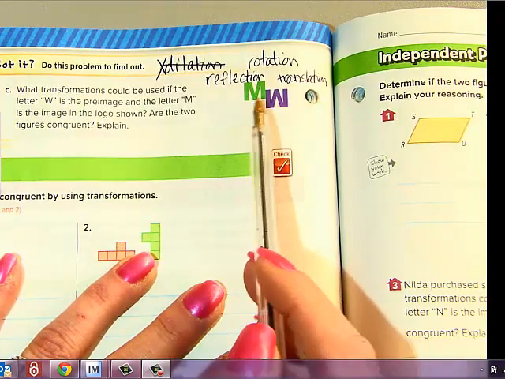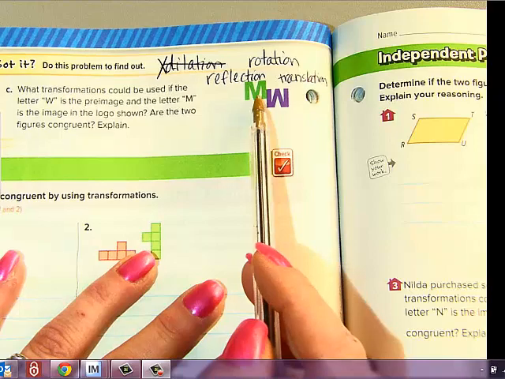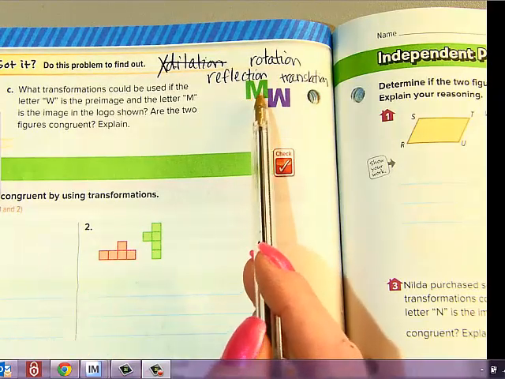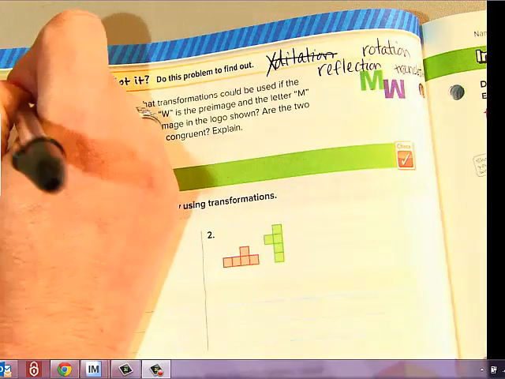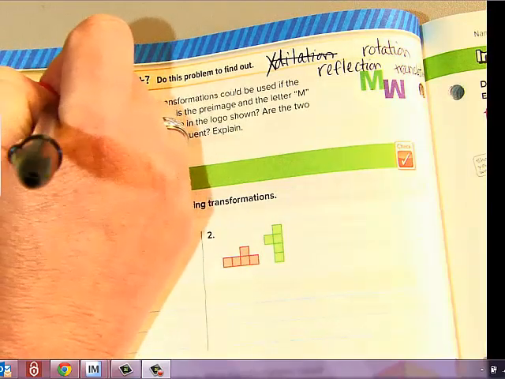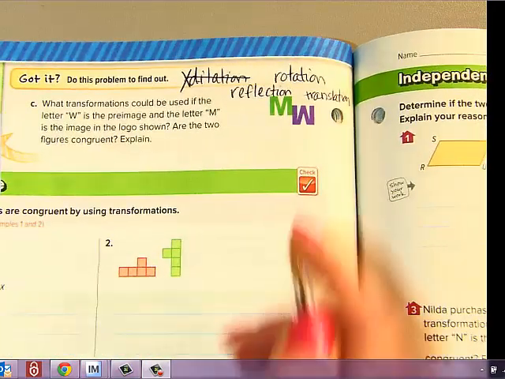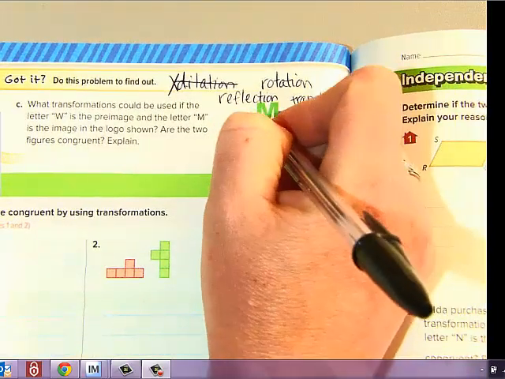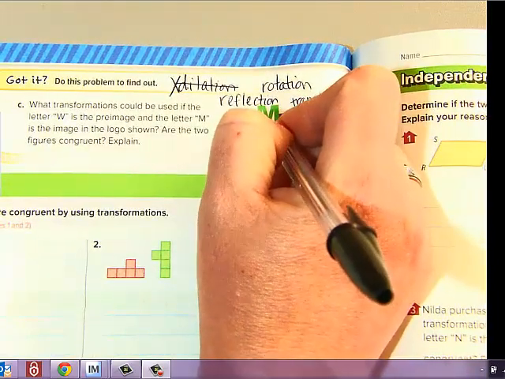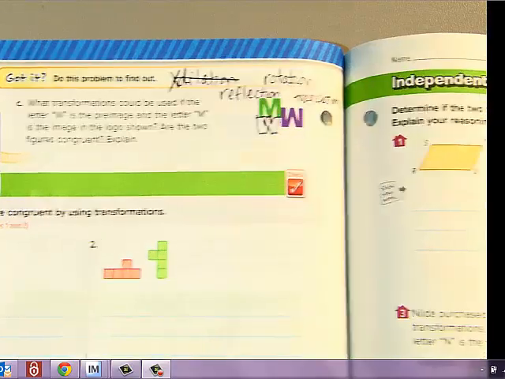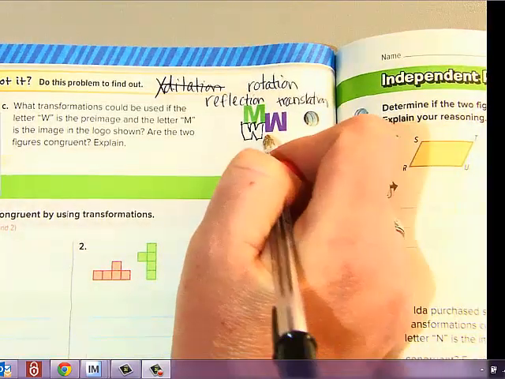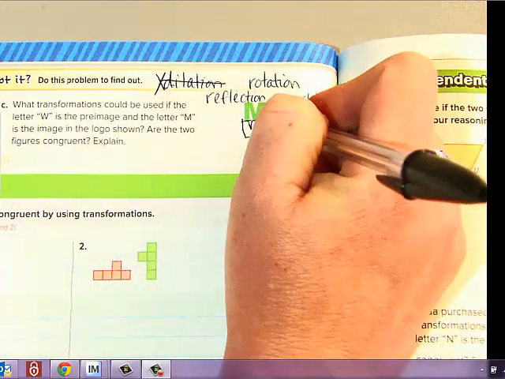So on this one, first of all, in order to flip it down, I'm going to do a reflection. Okay, and if I did a reflection, then it would look something like this. And again, I'm just doing this quickly. Okay, and then I have to move it this way and up slightly.